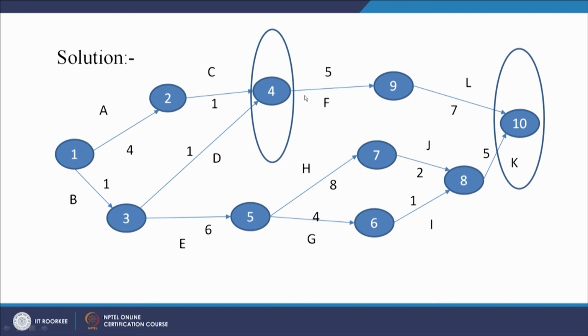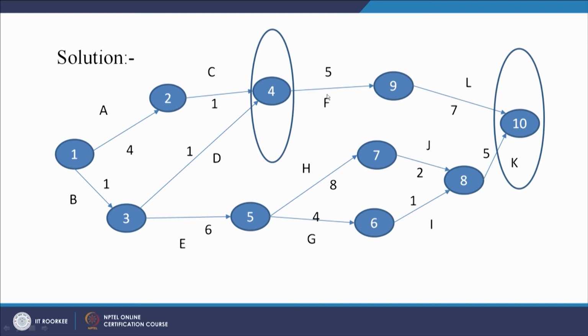Activity F is dependent on the completion of C and D. So when can it start at the earliest? We have to calculate on which day F can start at the earliest.